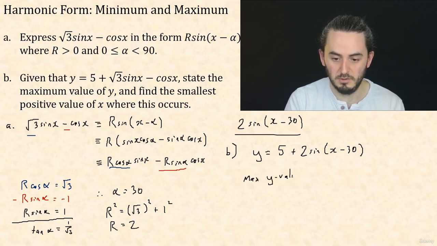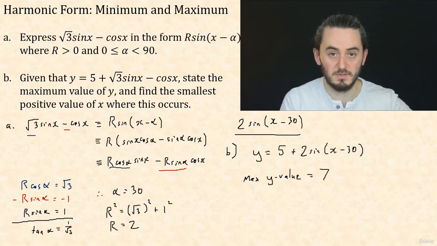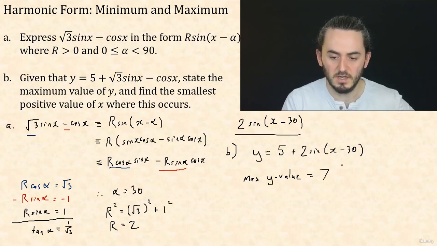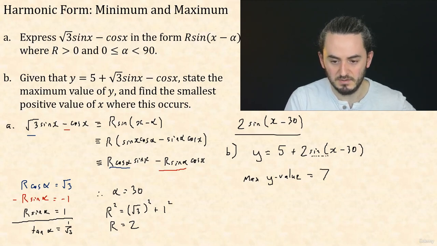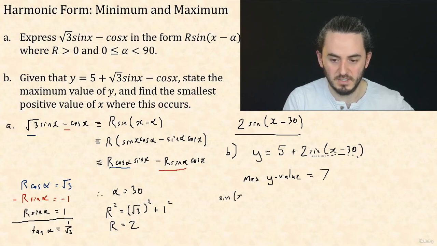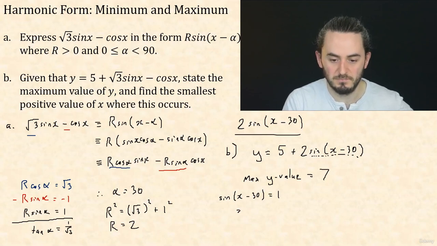Max y value is 7, and that's because the biggest sine can be is 1, so the biggest 2 sine of something can be is 2, add 5 and it's 7. When does that occur? Well, I need this bit to equal 1, so I can just solve that. Solving sine of (x minus 30) equals 1 will tell me when this max value occurs.